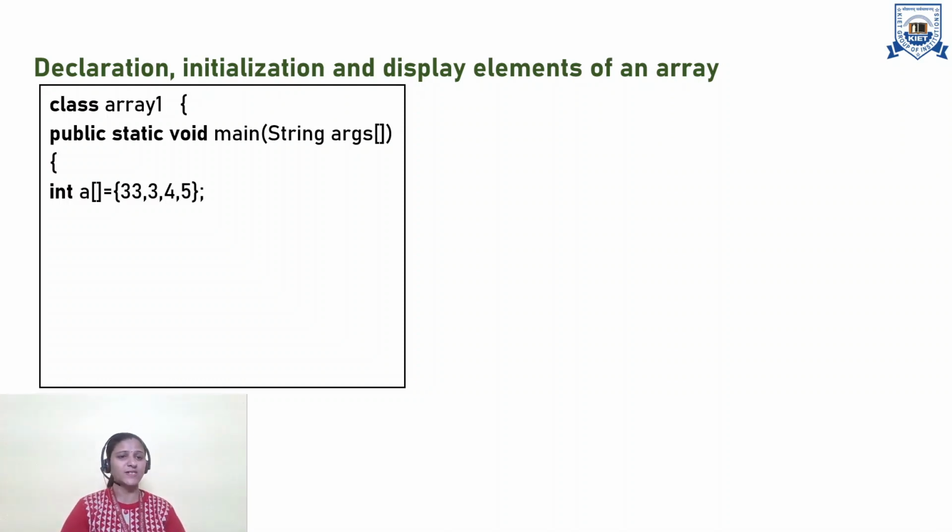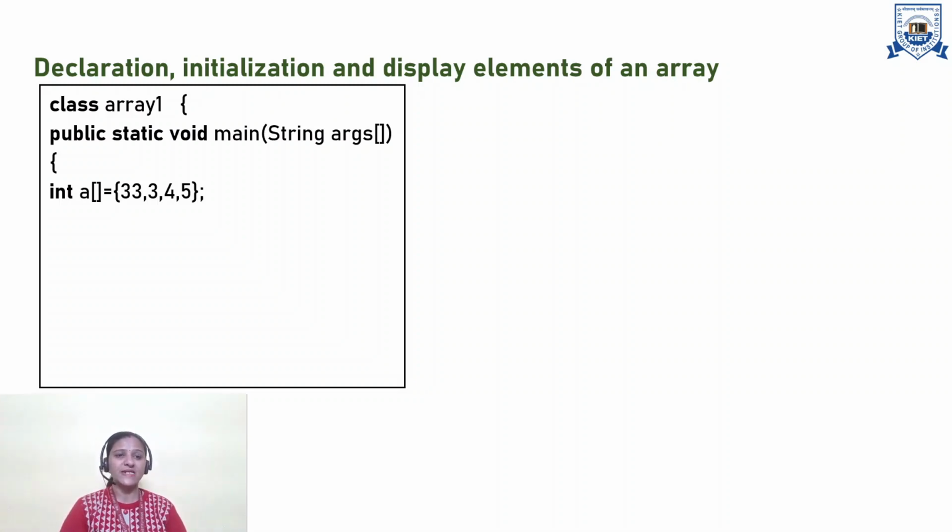Now this is not an ordinary variable. It is an array variable which get indexed with 0 to n minus 1. Here number of elements are 33, 3, 4 and 5. It means the total number of elements here are 4.